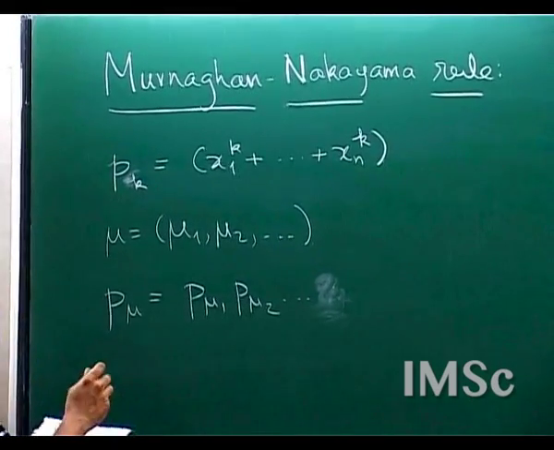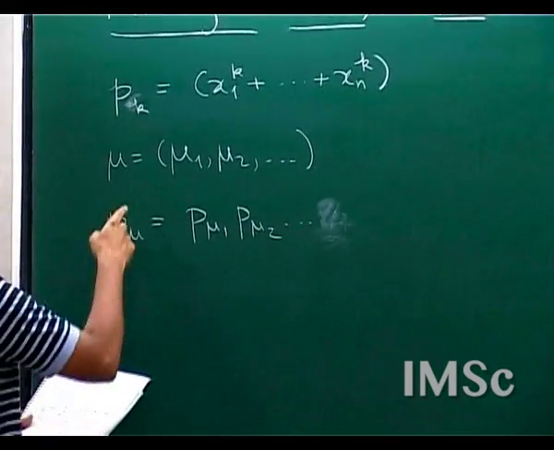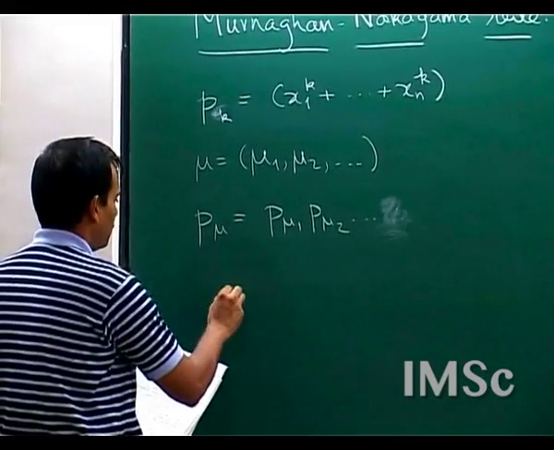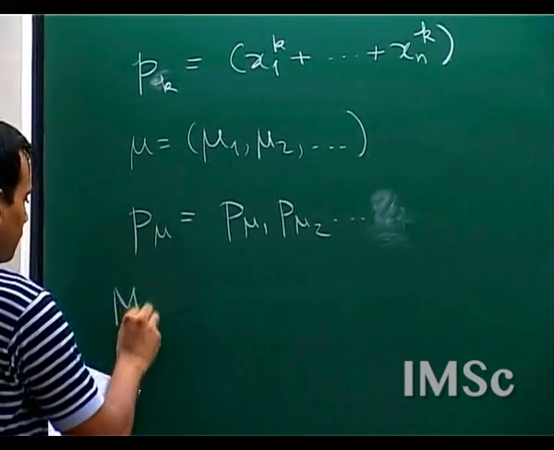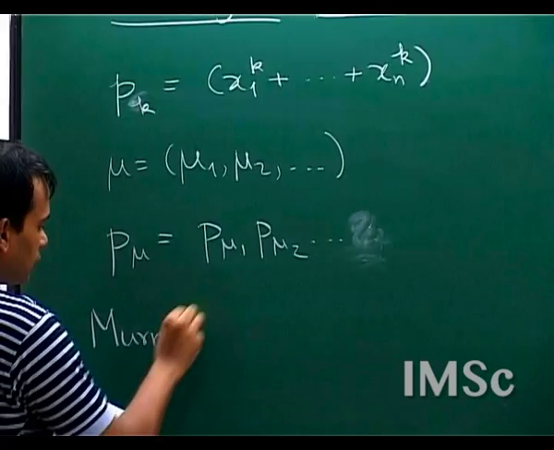And the Murnaghan-Nakayama rule is an expansion of this in terms of Schur functions.